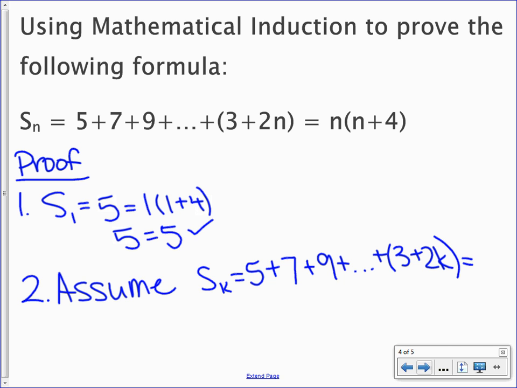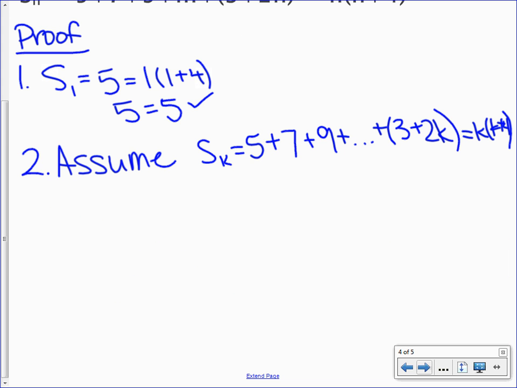So k times k plus 4. Now let's think about the k plus 1 sum.